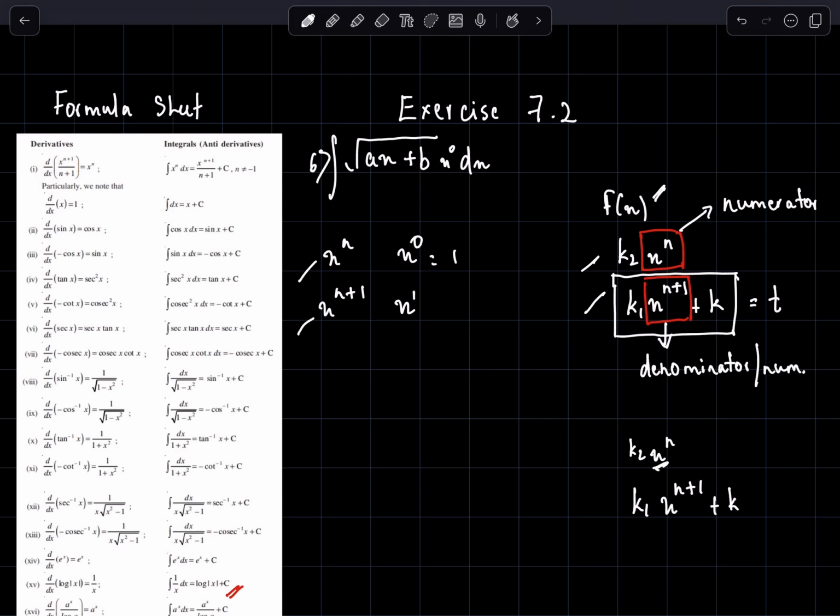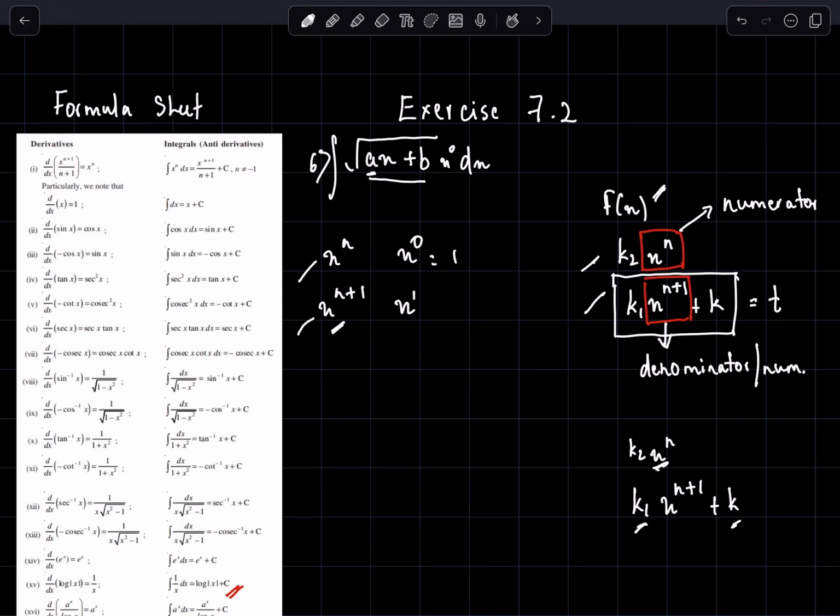Not x, but this whole thing. Because it's multiplied by a constant a. See, I told you the k1 and k are very important. Take the whole thing because they're constants. They'll go away. The factor that's multiplied will go on the other side and this will become 0 when you differentiate. So therefore, I have to take this part equal to t.